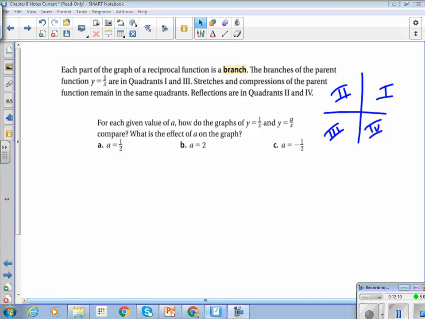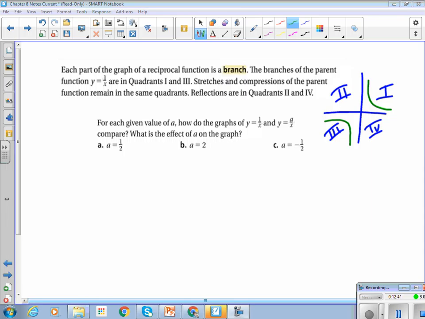So our parent function is in 1 and 3. If a is positive, we're going to stay in 1 and 3. If a is negative and we have a reflection, it's going to pop it over to 2 and 4. So we're going to look at each of these graphs.